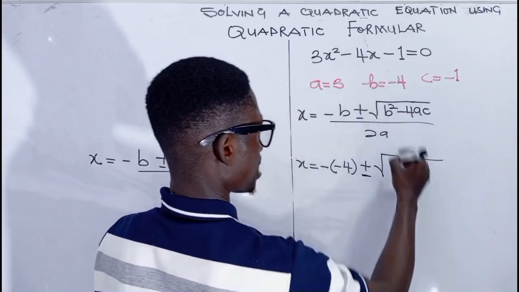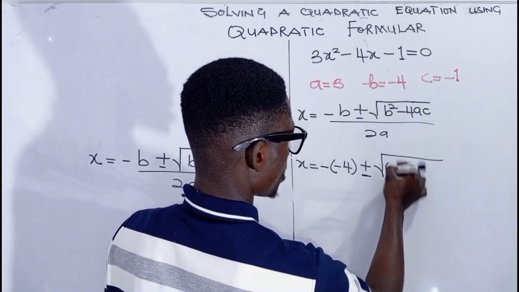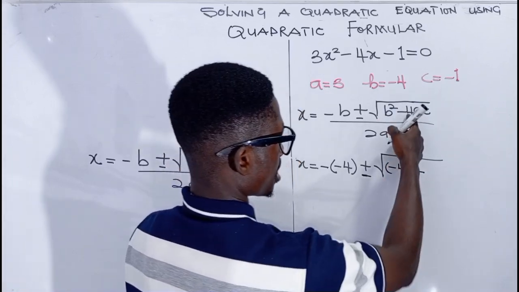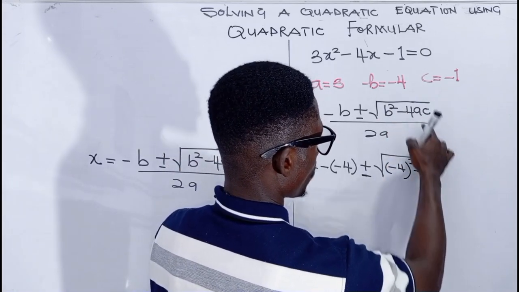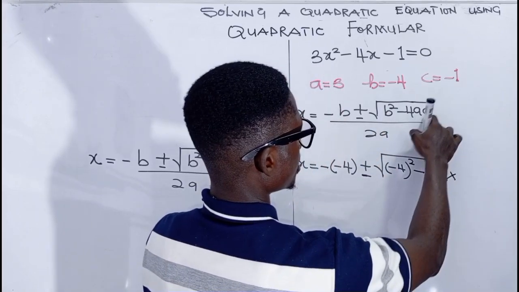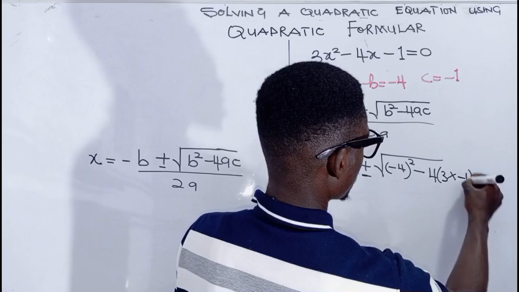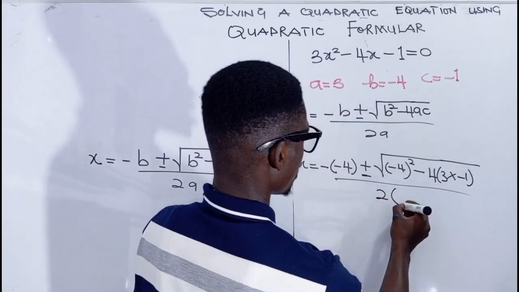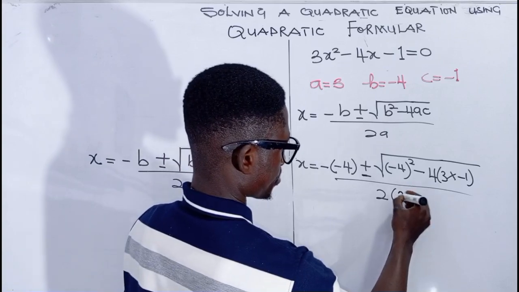Our B is still minus 4, so we have minus 4, all of this squared. Then we have our minus 4 times our A, which is still 3, times our C, which is minus 1. And all of this is over 2 times our A, which is 3.